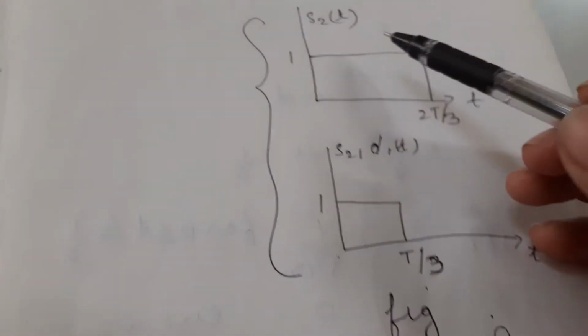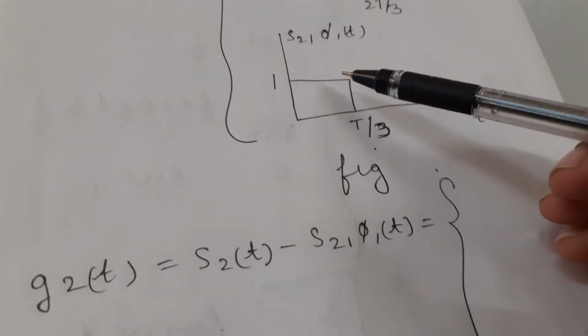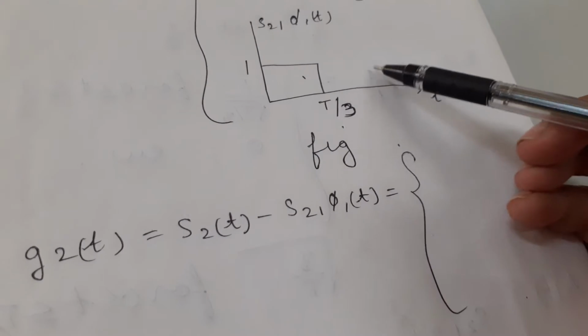What is the value you are getting? You just subtract this: S2 minus this. So what will you get? You will get this value.